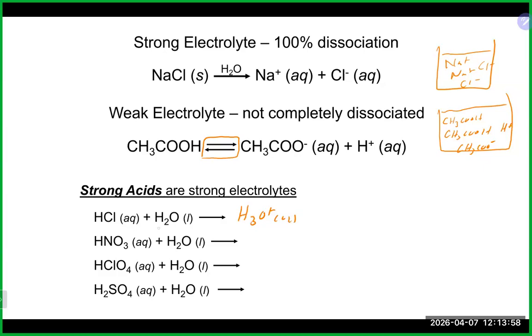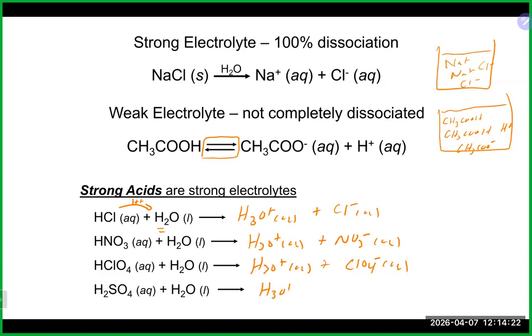I'll put the H3O plus because the water's here, as it sends an H plus over, and makes Cl minus, H3O plus and a little bit of nitrate, H3O plus and some perchlorate, and H3O plus and some HSO4 minus in this case.